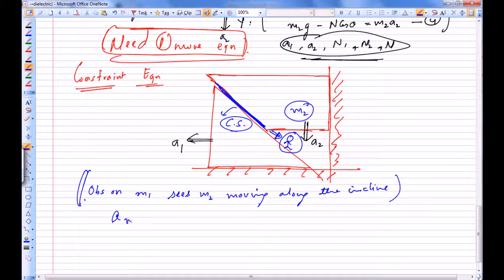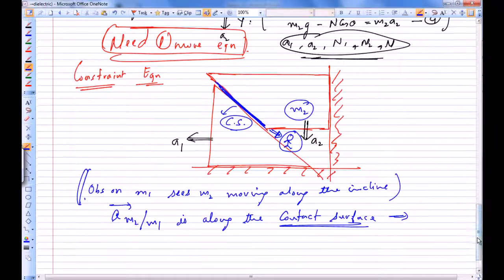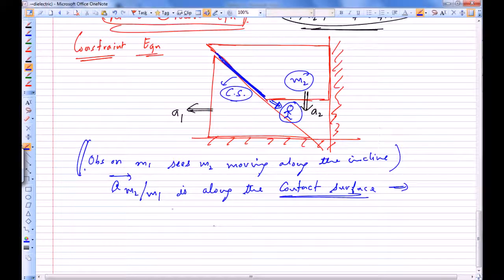Acceleration of m2 with respect to m1 is along the contact surface. Which contact surface? Contact surface between the two bodies. So we have something like the acceleration of m2 with respect to m1 is basically acceleration of m2 minus acceleration of m1.